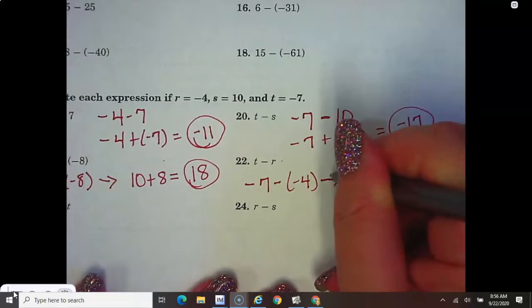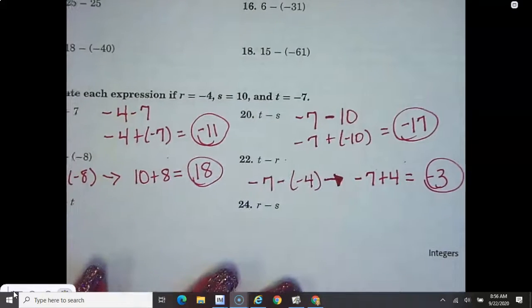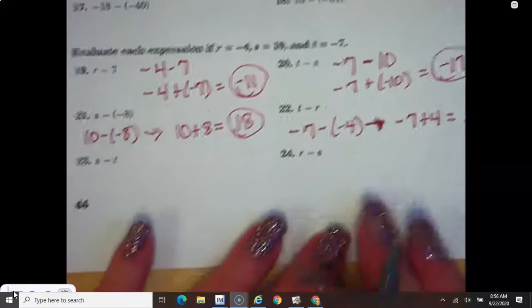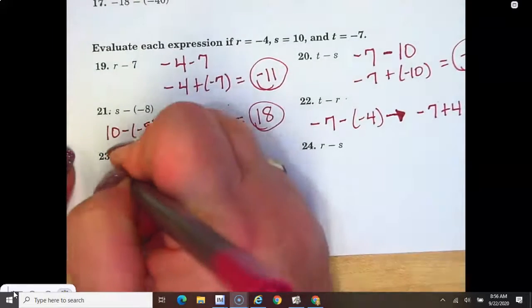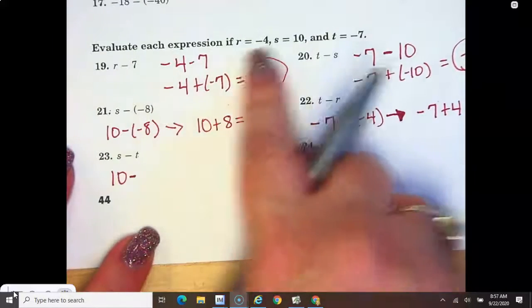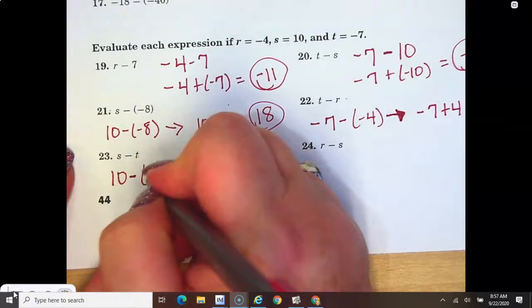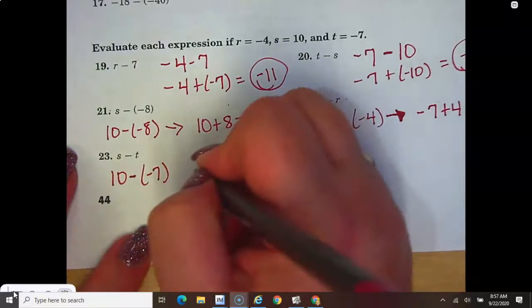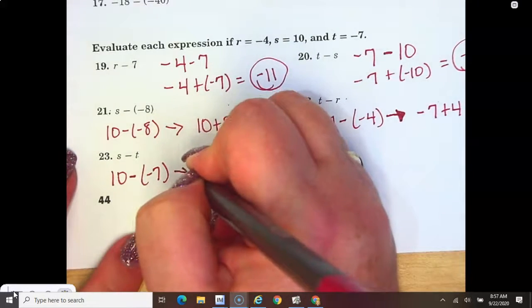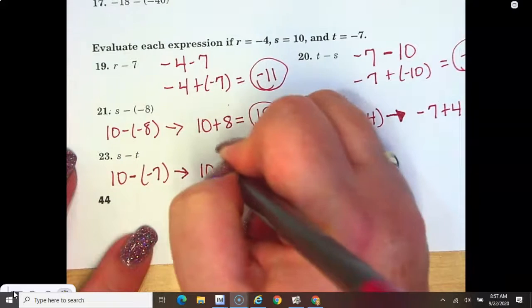Does anybody have any questions on this section so far? Okay. s minus t. What is s? 10 minus, and what is t? Negative 7. And that becomes 10 plus 7.